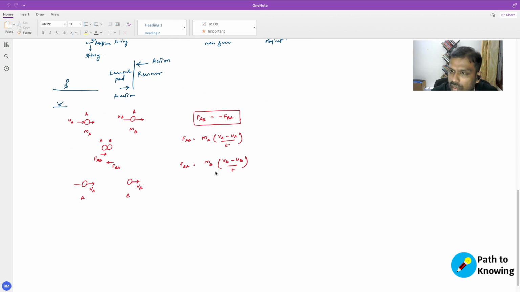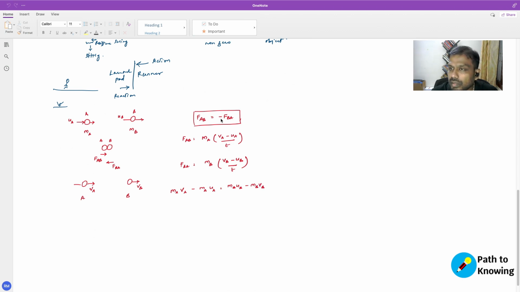Now, when you replace FAB with this equation here, what I get is MA VA minus MA UA is equal to, here it's going to be a minus, right? So which becomes MB UB minus MB VB, right?